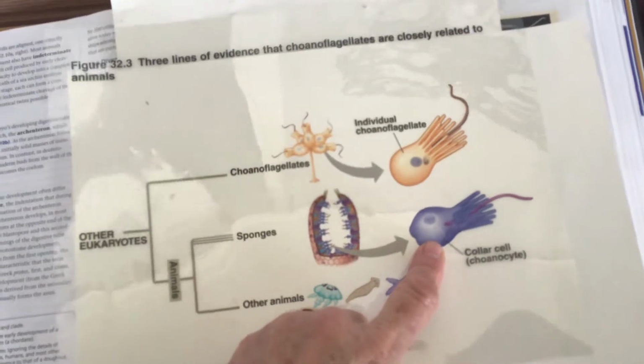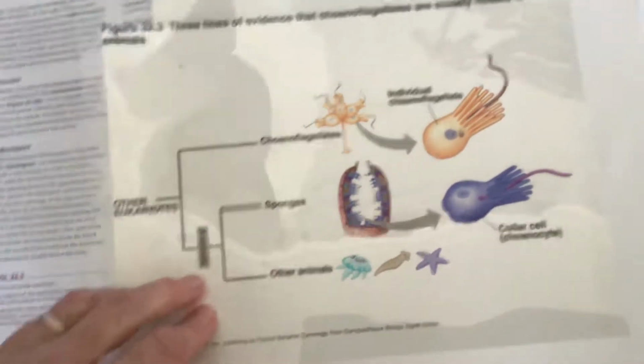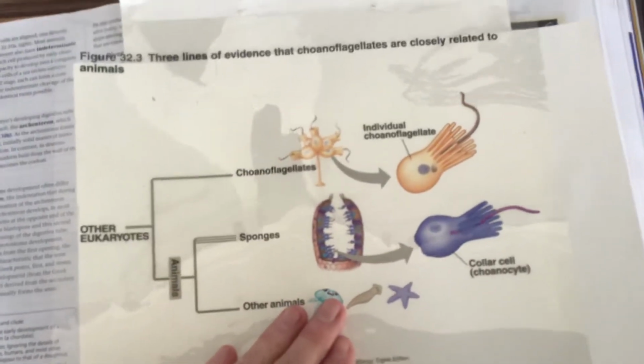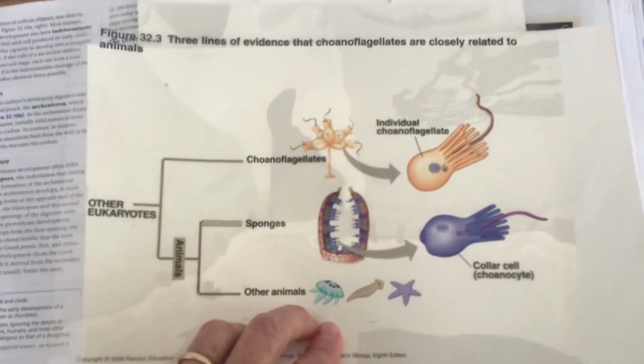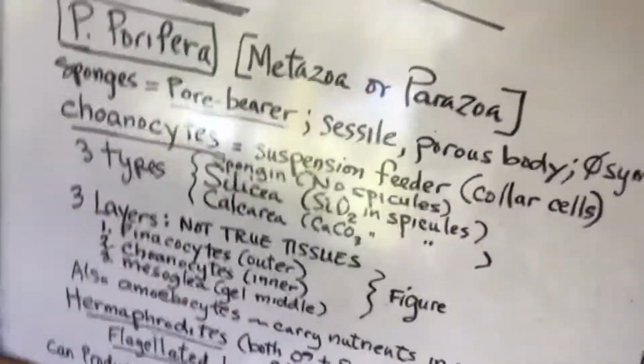All right, so these are the beginning or the first type of animals. They're very simplistic, and then all the other animals were thought to have been derived after that, coming from that common ancestor. All right, so invertebrates then make up the bulk of what we're going to be talking about.